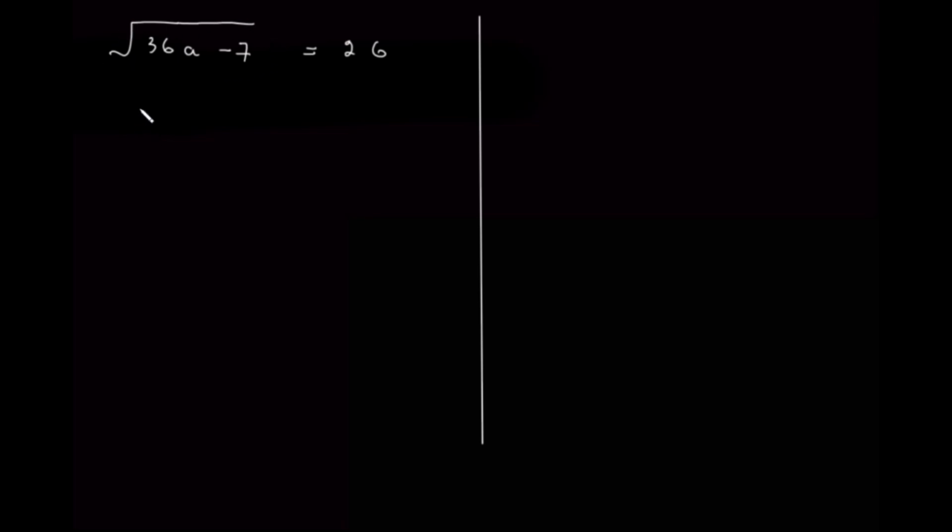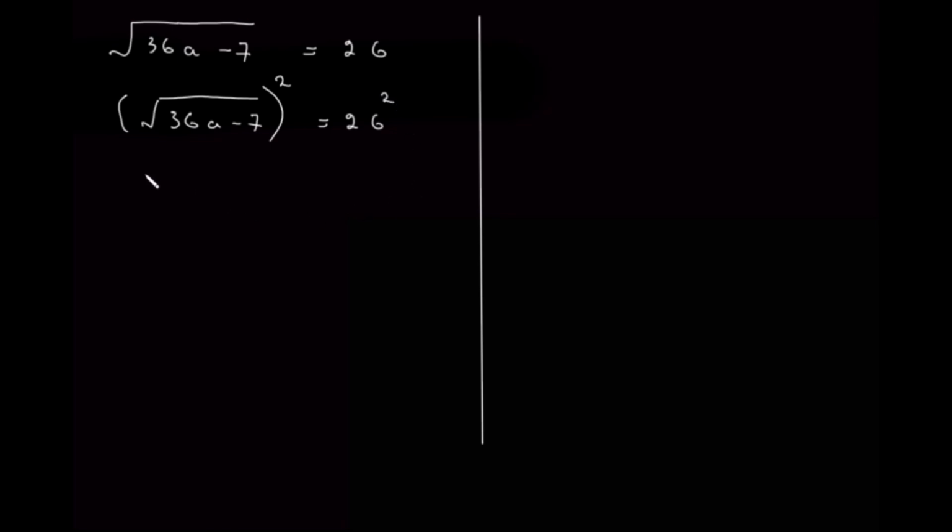So we end up with that squared. So we have bracket 36a minus 7, and the whole thing is squared, equals 26. The whole thing is squared.